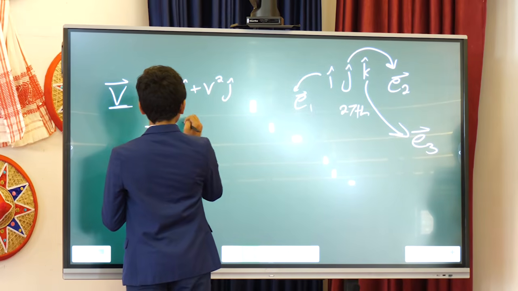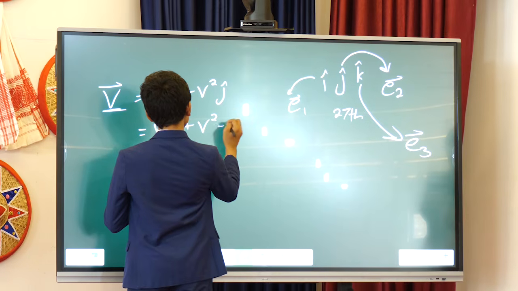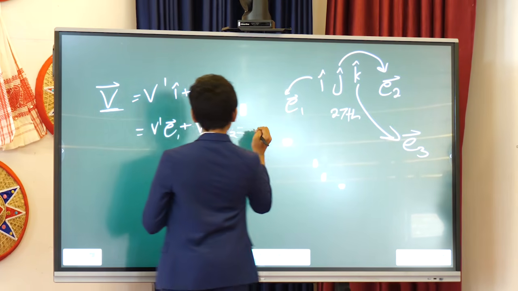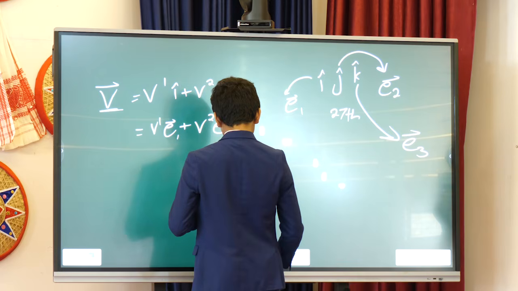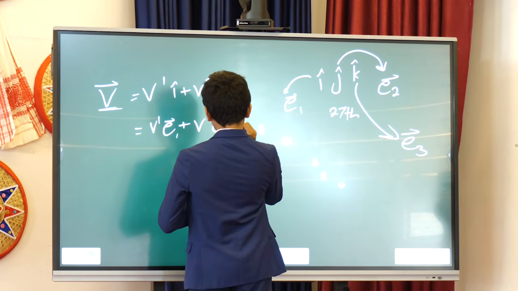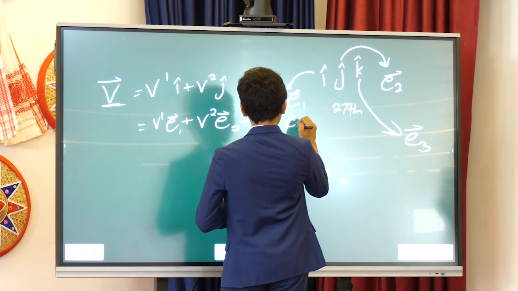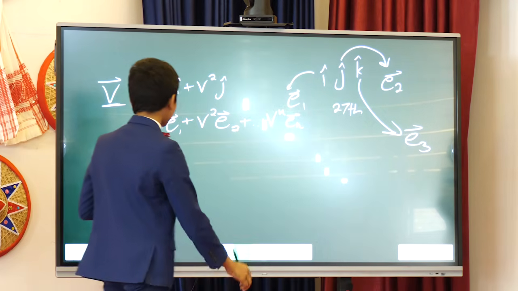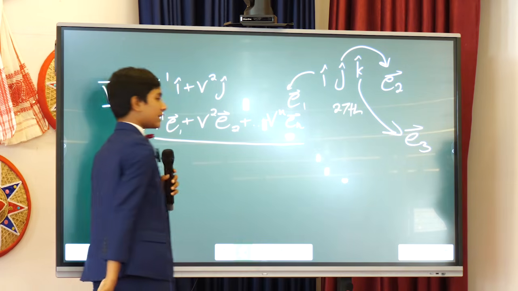So we get v^1 e_1 plus v^2 e_2, and so on. So this is going to be, if we have just n components, we get v^n e_n, right? So this is going to be how we write any vector.